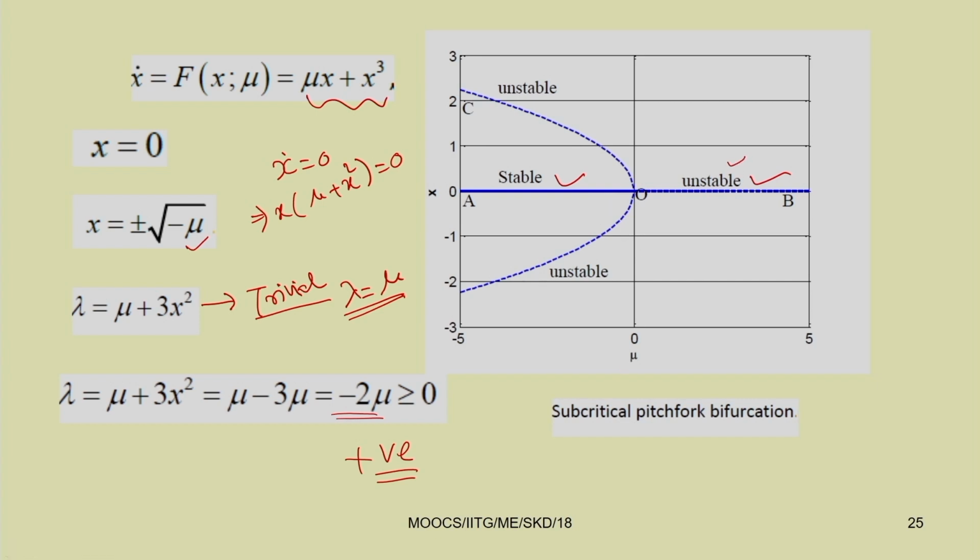We already know that at a bifurcation point the response changes either qualitatively or quantitatively. In this case, these three branches merge into a single branch, so the number of branches is changing. That is why it is a bifurcation point.